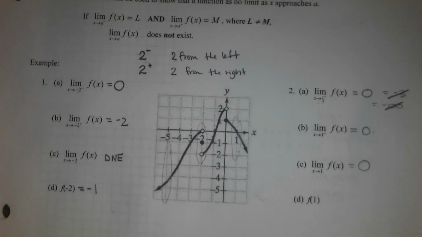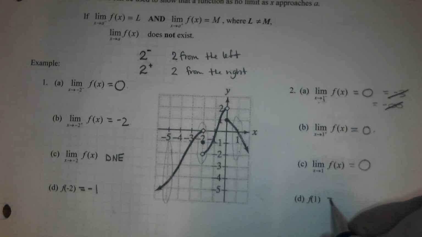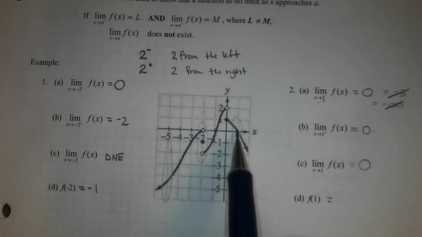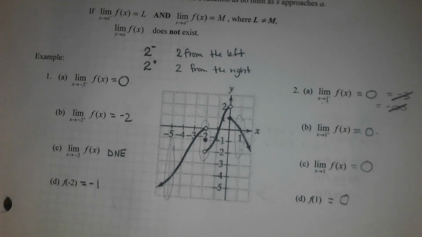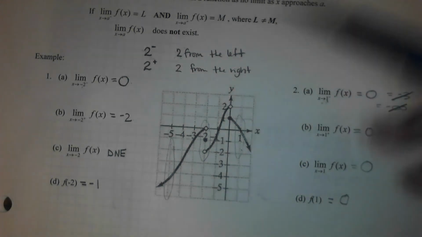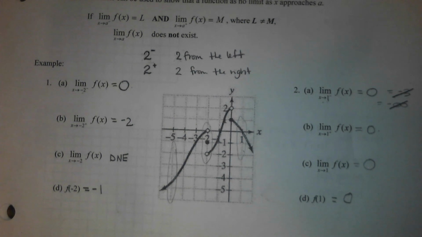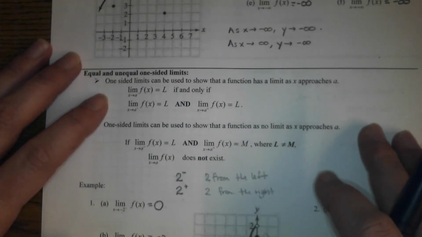And what is the function value there? f of 1 is also 0. So that's a case where they're all the same, which will mean something, and we'll talk about that. But going back up to the top, this is essentially what all this says.